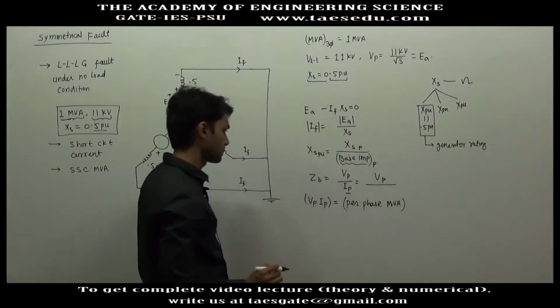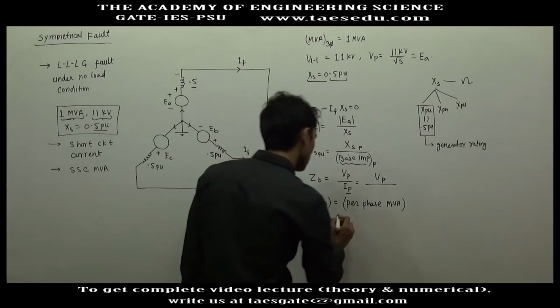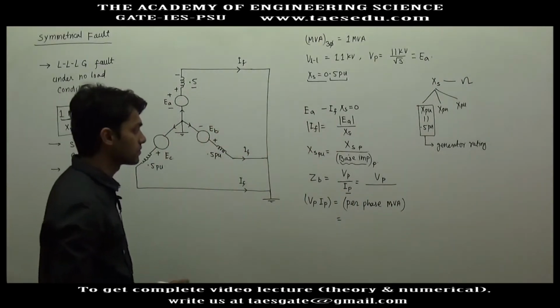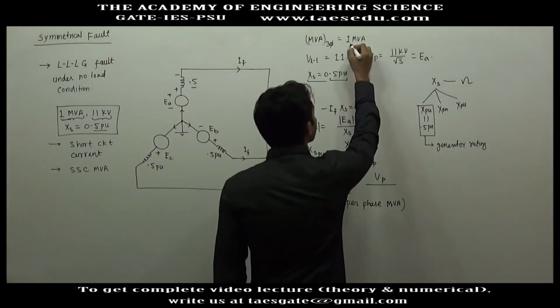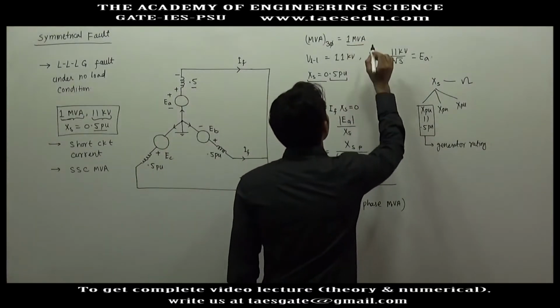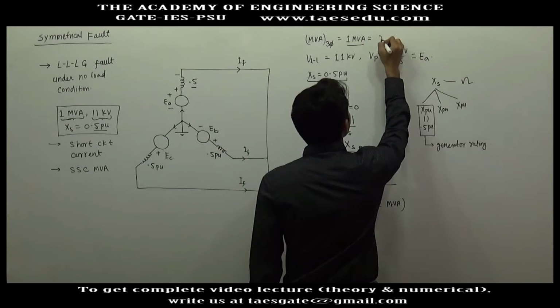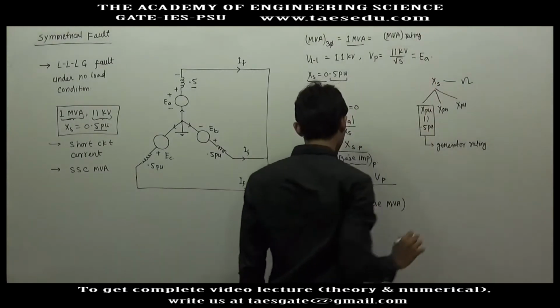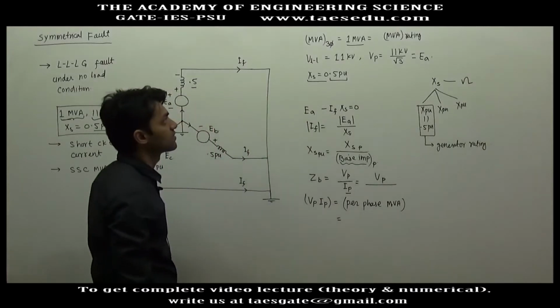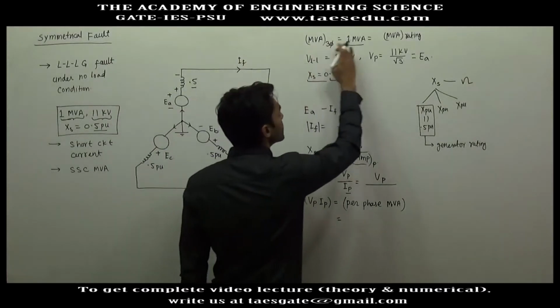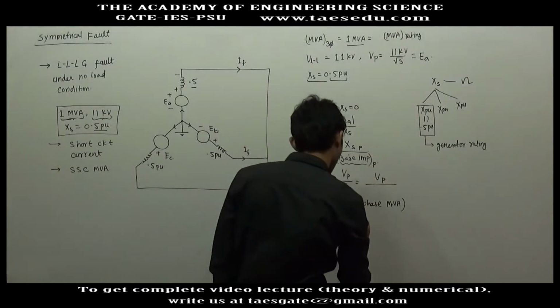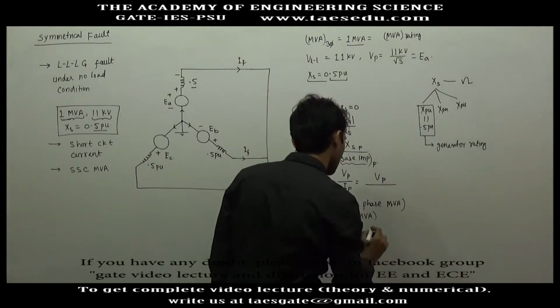So what is per phase MVA? The three phase MVA is given as 1 MVA, and this is nothing but the MVA rating. So the per phase MVA will be the three phase MVA rating of the machine divided by 3.